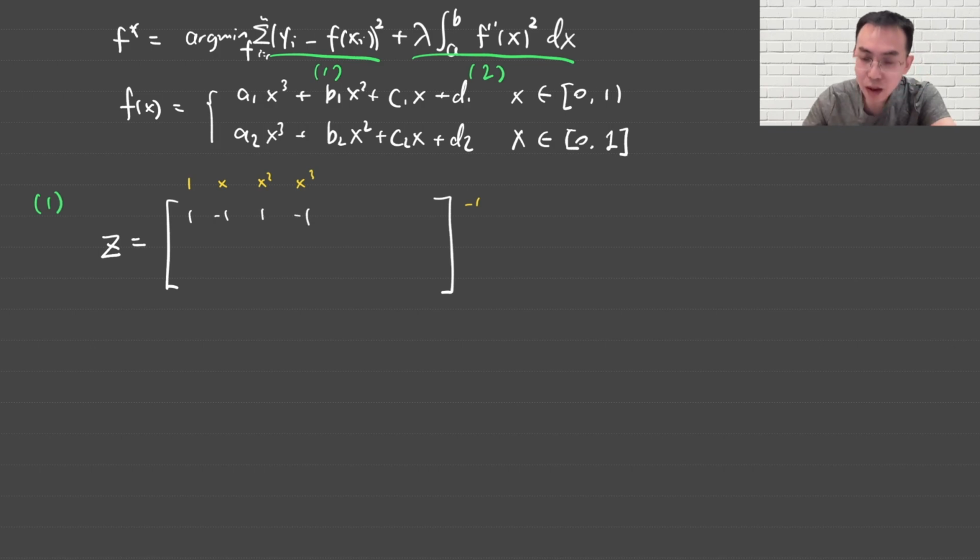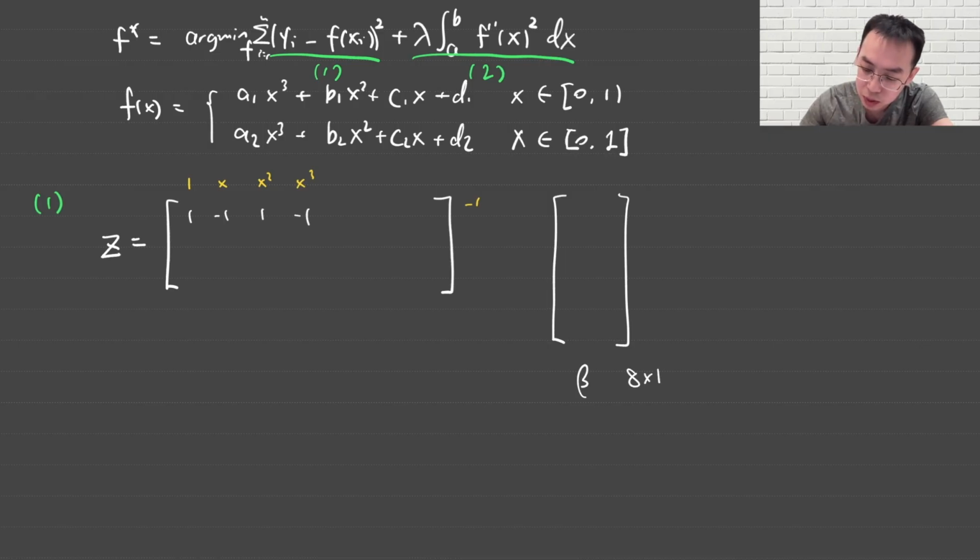I remember that the Z matrix has to be multiplied by the beta vector. The beta is an 8 by 1 vector that contains both A1 and A2, so it covers both the first and the second segment of our cubic spline. That means this matrix Z has to have 8 columns.